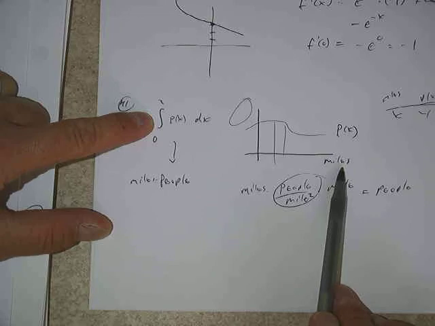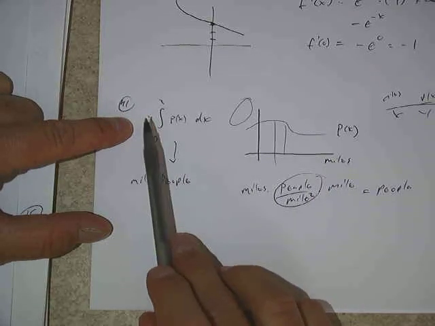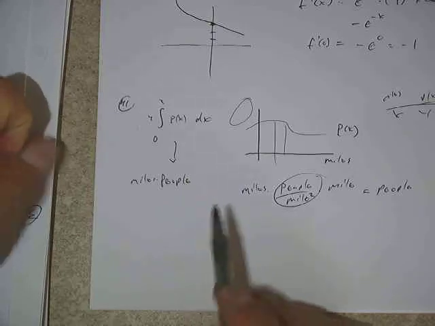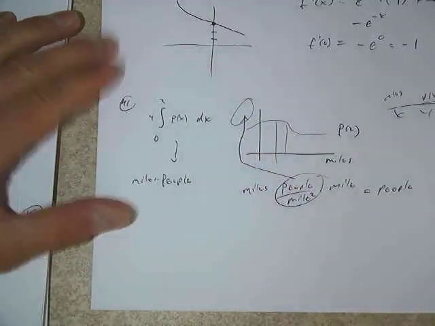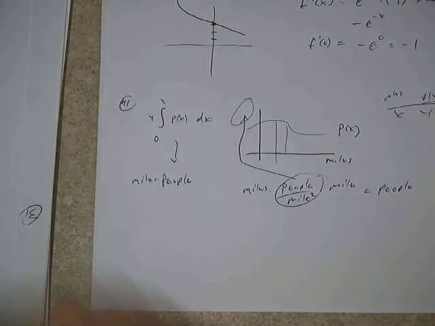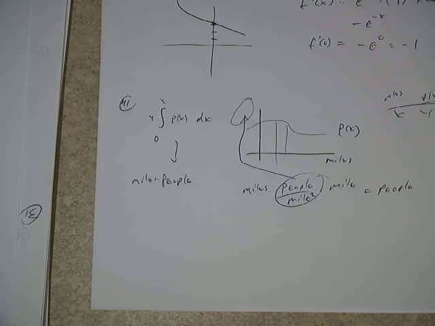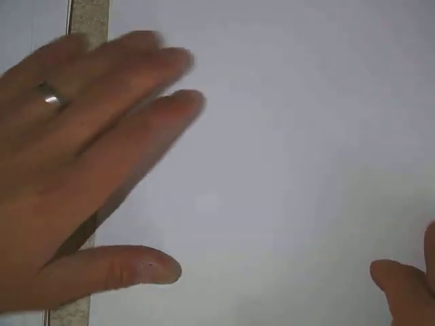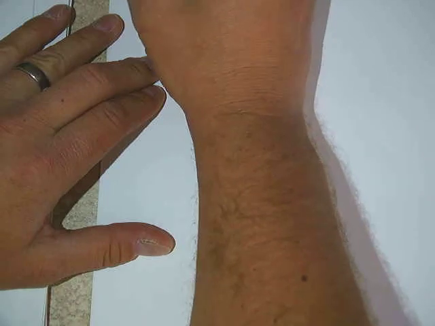If I made an xy chart for this, with our p of x function, this would be in miles, and this is going to be in something. We need to figure out what that something is, and in this case it needs to be people per square mile. Ultimately, in multiplying to get the area under the P curve, if we just did the area only, without the 4, then this times this would just be people per mile times miles, giving us people.